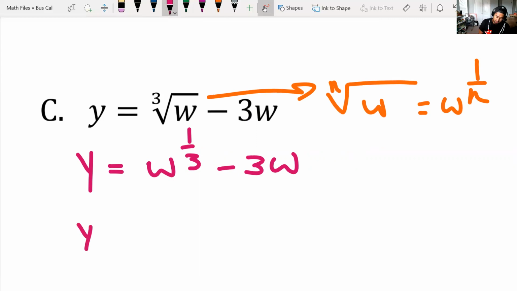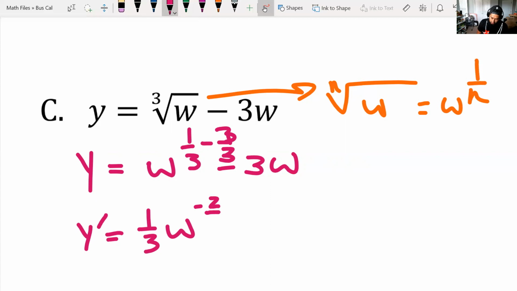So y prime, the derivative, is going to be 1/3 w. You got to subtract that 1, which becomes 3 over 3, which becomes w to the negative 2/3. All right. And the derivative of 3w. What is the derivative of w?